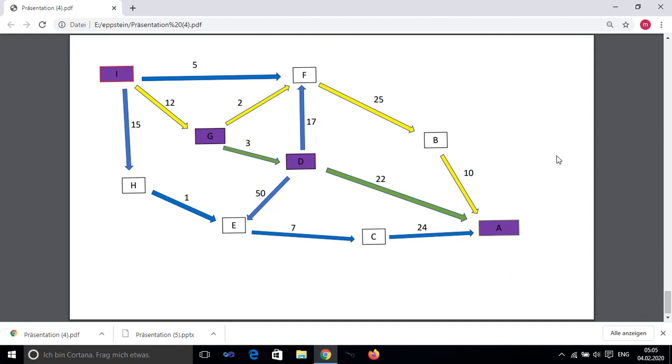This algorithm can find the k shortest paths.